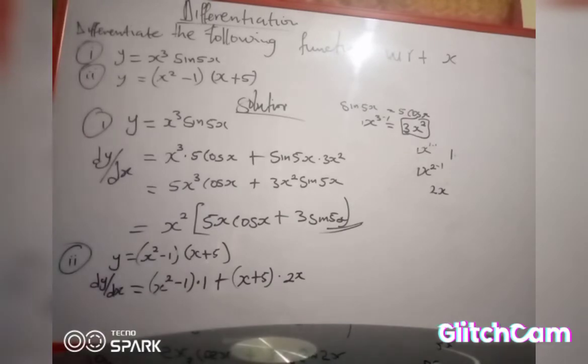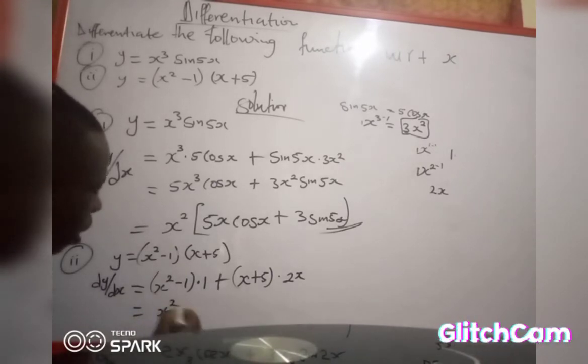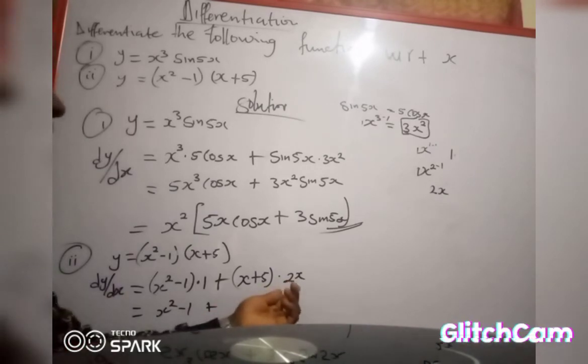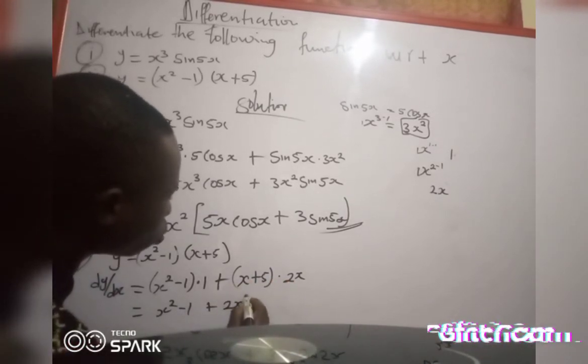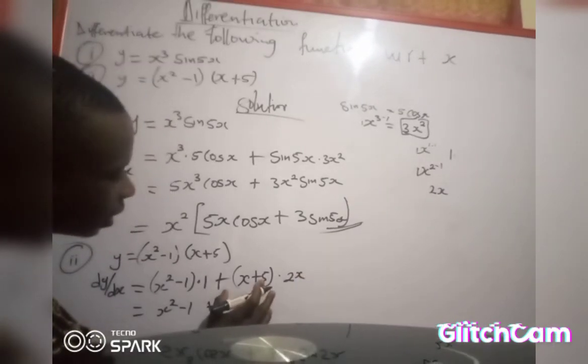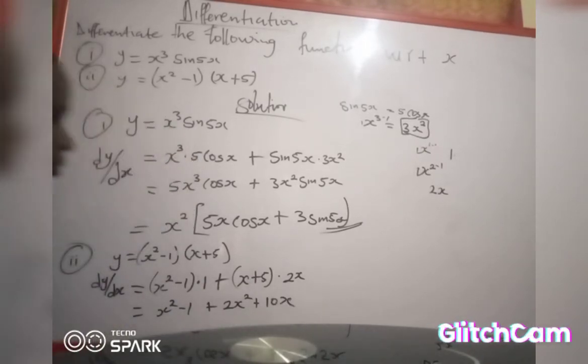So from now I can do the multiplication. This times 1 will still give me s squared minus 1. And plus this times this, I will have 2s squared plus 2s times 5, I have 10s.